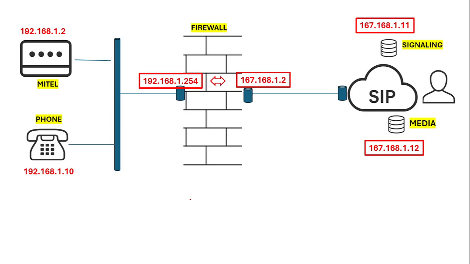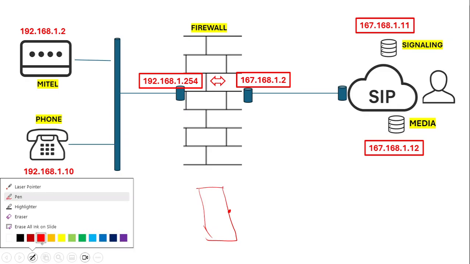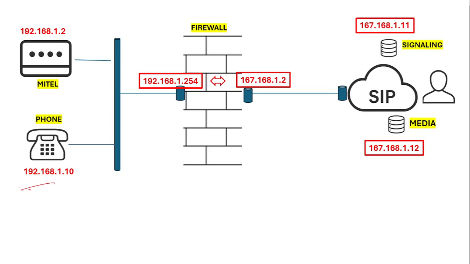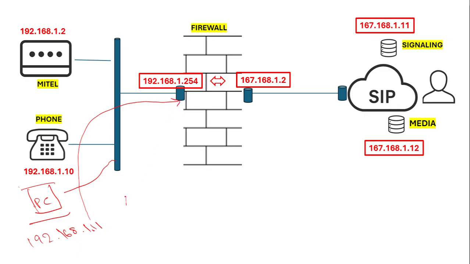So what the firewall is going to do with the public IP address that is sitting here: if this was a computer, for example, a PC, also connected to the LAN, and it has an IP address of 192.168.1.11, and this PC wants to go to the internet, it's going to look for its default gateway, which in our case is 192.168.1.254.